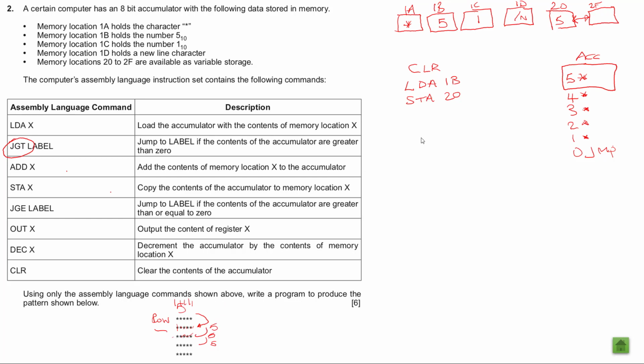So in order to do that, I've stored that now in the accumulator, I'm going to load 1B. Now, you might think, what are you doing? Load 1B again. Right, do that. And now 5 is already in the accumulator, so that won't do anything at this stage.